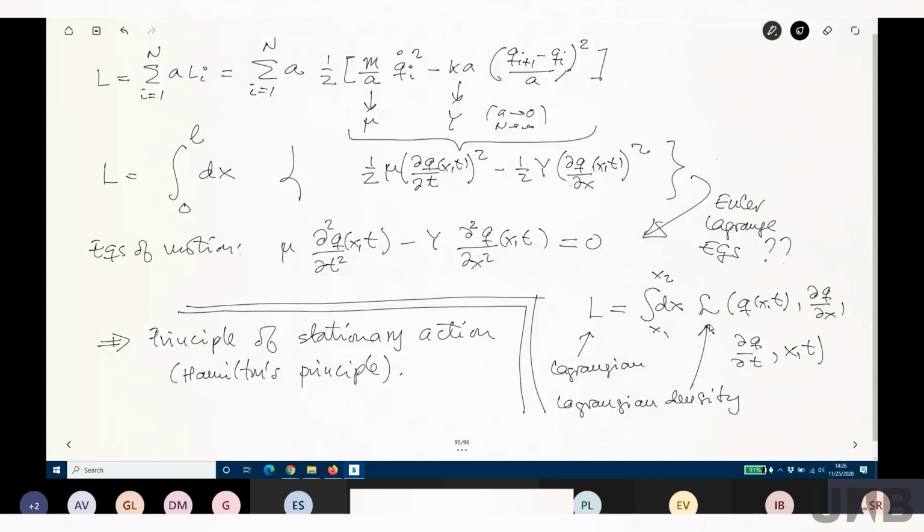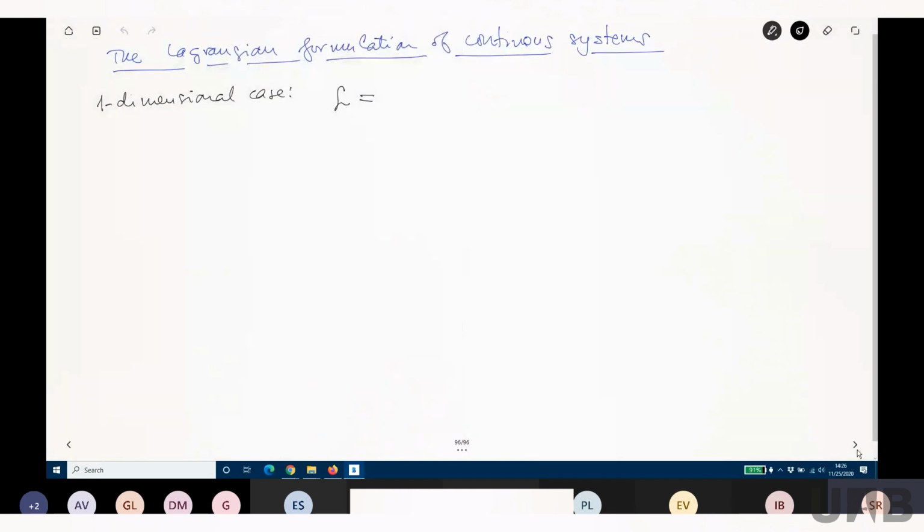Although strictly speaking, they should call it the Lagrangian density because the Lagrangian is this other thing, right? But in practice, people call this calligraphic L the Lagrangian, and they forget about the density part. So in some cases, we will also do that, okay? But it should be clear what we are referring to. So this is going to be the Lagrangian density in this case, okay?